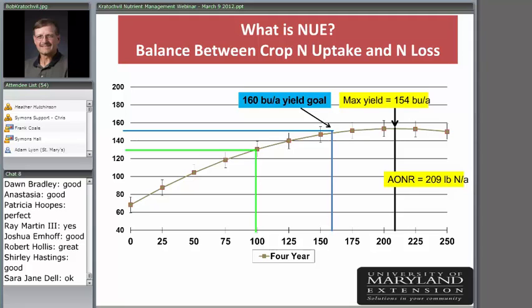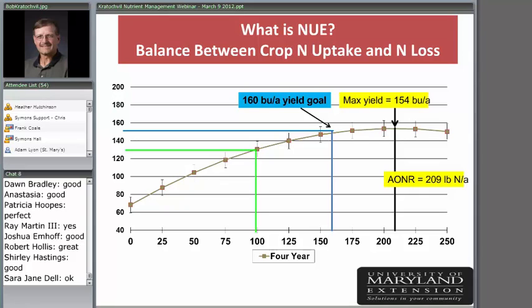Across our x-axis, we've got N rates. On our y-axis, we have yield. You can see the curve. This is a normal nitrogen response curve. We typically see a curve of this manner.